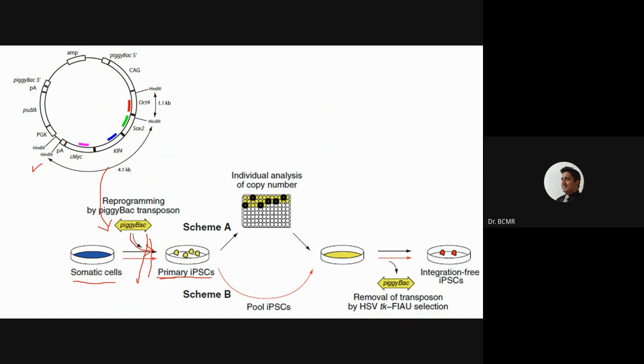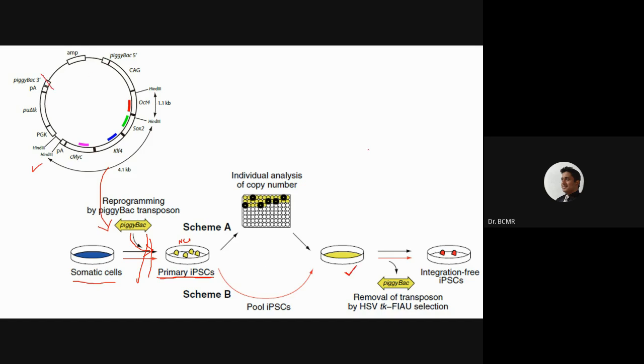So we got some induced pluripotent stem cells because whichever cells have gotten this, we would have grown them in neomycin. So only those cells that have gotten the DNA, that have gotten this piggyBac transposon, would survive, and the others would not. And we still don't know which ones we want to get rid of the transposon from at a later time.